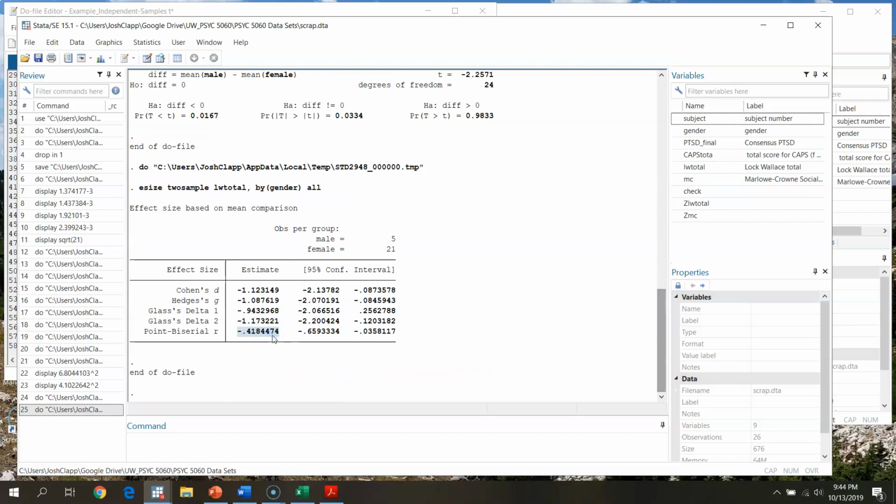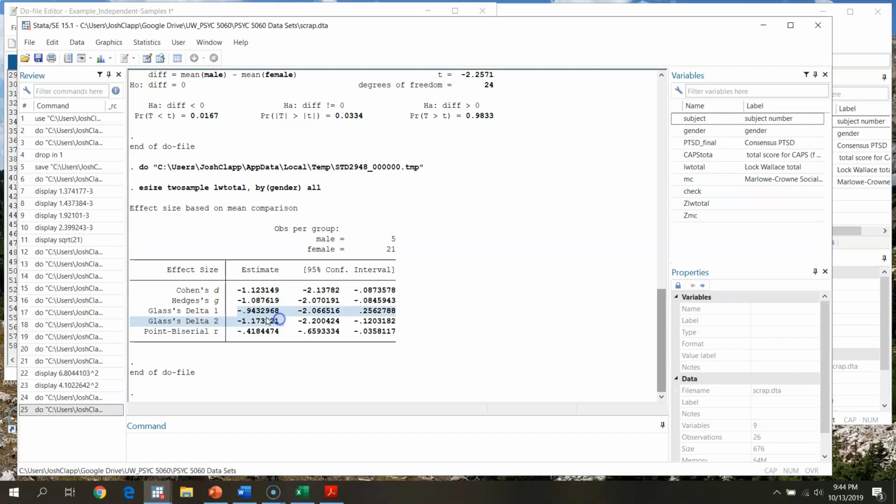This is just a correlation. You don't have to worry about this. This is the correlation between gender and marital satisfaction. We'll worry about that in 5300.